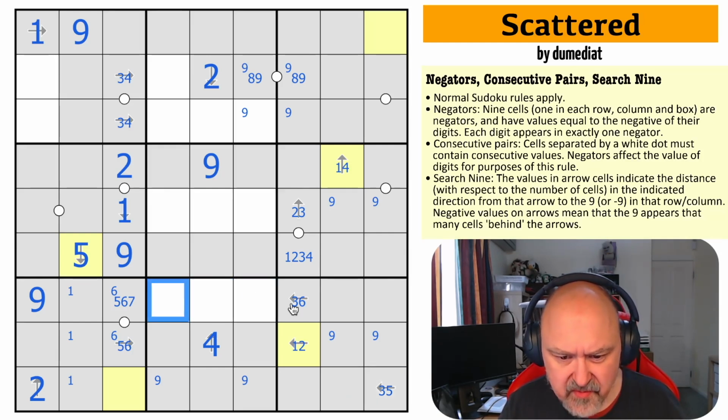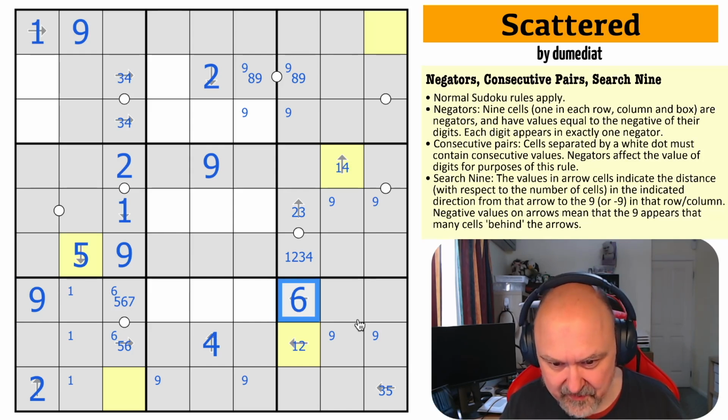One, two. Well, this is 6 now, because that's the 9, which was the least restrictive way it could go. This can't be a 1, because that would make this a 2, and that has no fill. This is not a 1.